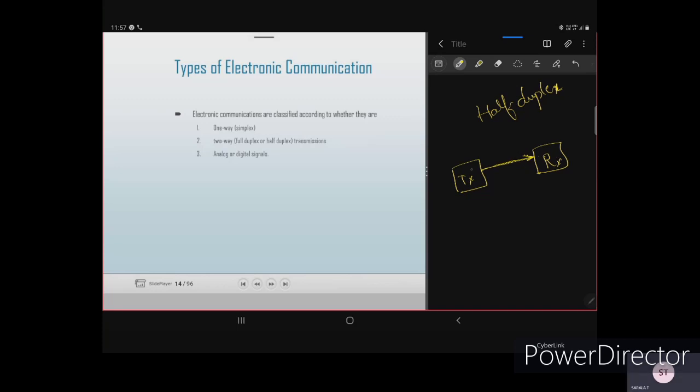After the completion of this transmission, it can act as a transmitter too, which is two-way communication. But only after the completion of the transmission can you do the reverse operation. At the same time, you can't do transmission and reception.